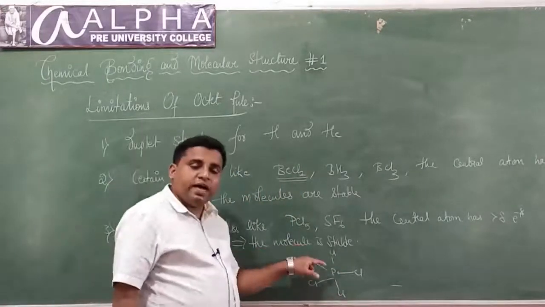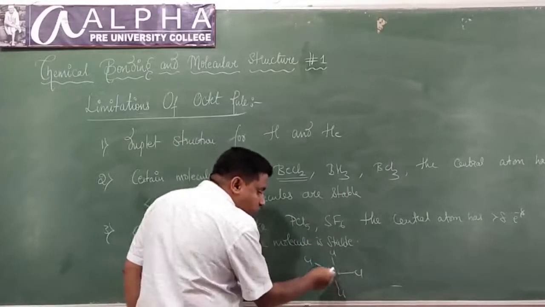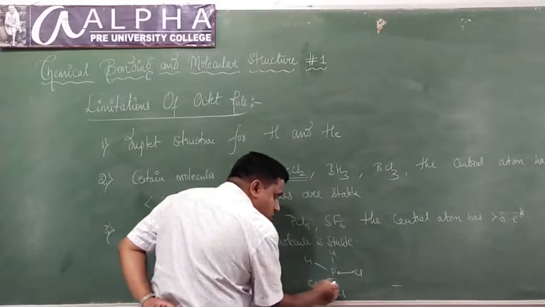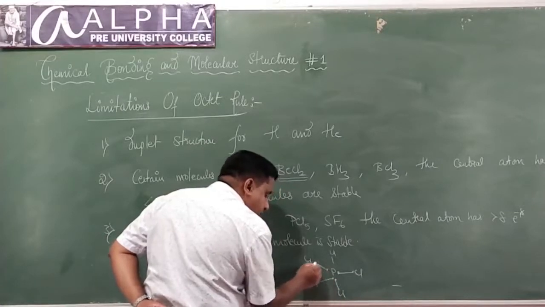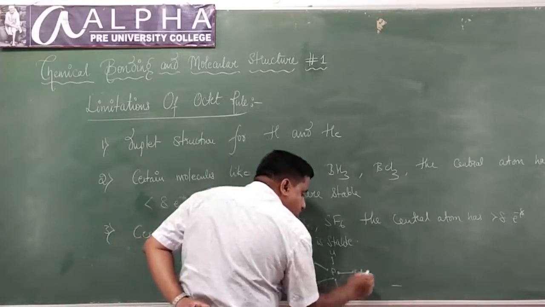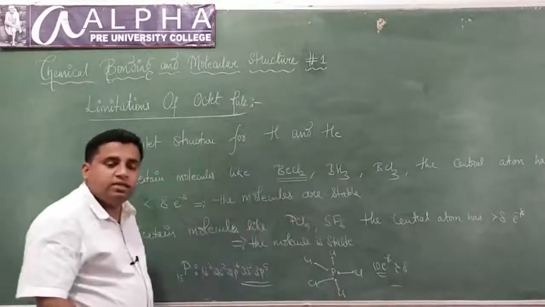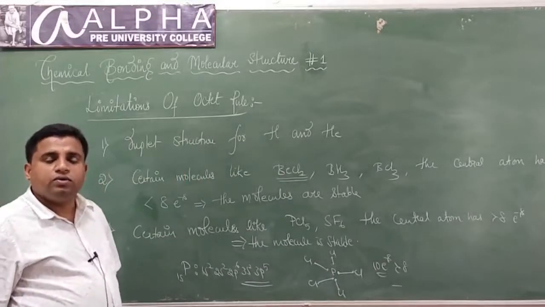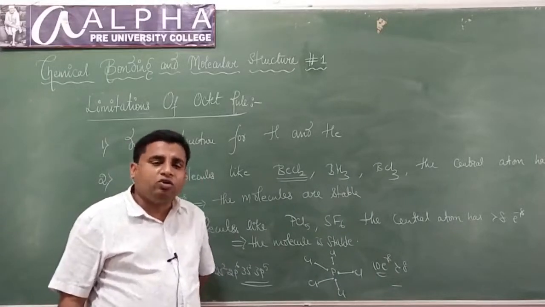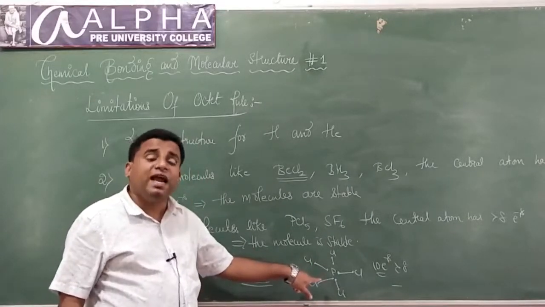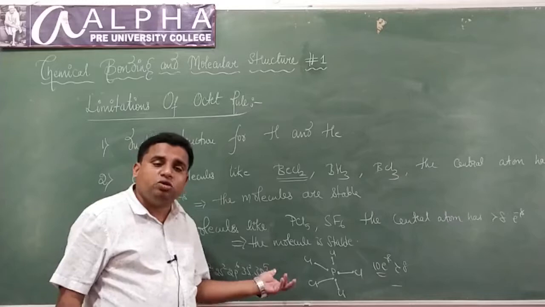When phosphorus forms phosphorus pentachloride, just count the number of electrons around phosphorus: 1, 2, 3, 4, 5, 6, 7, 8, 9, 10. Phosphorus is surrounded by 10 electrons, more than 8. But the octet rule says atoms combine to form molecules with 8 electrons. Here the central atom has more than 8 electrons, and phosphorus pentachloride is still stable.